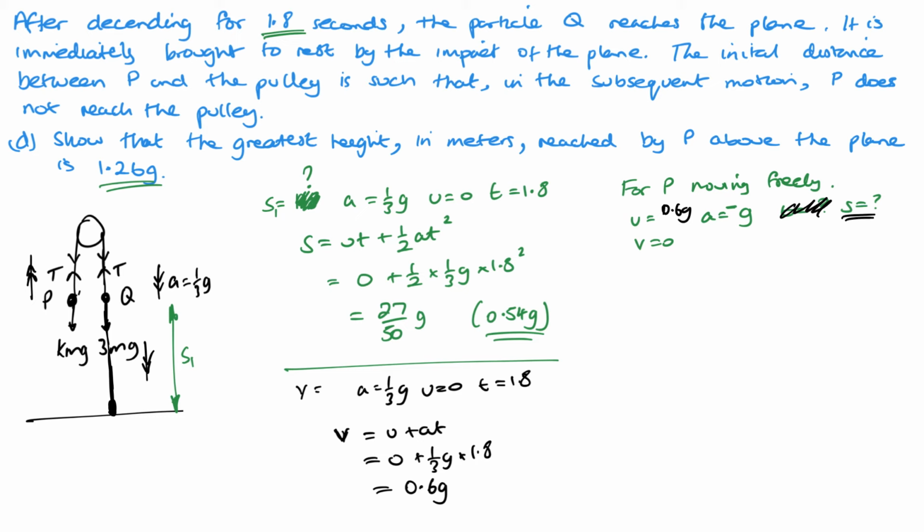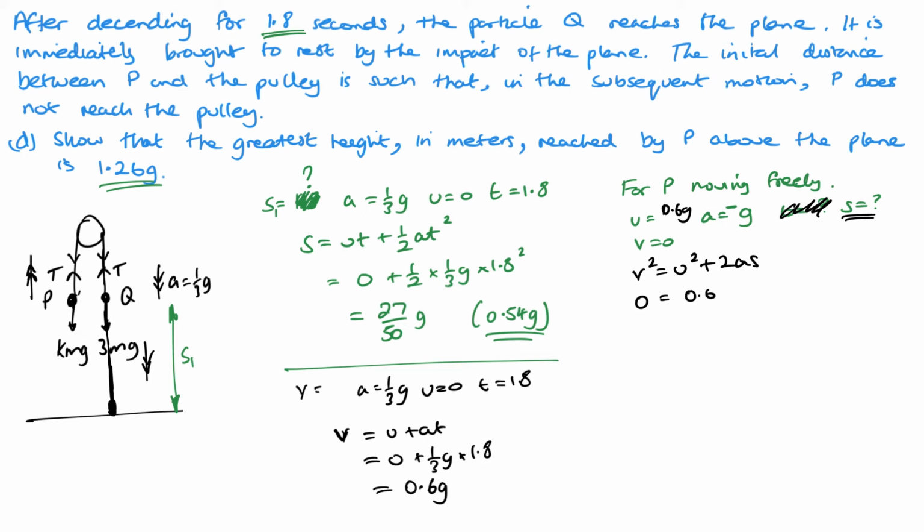Now we don't need t, we want s, don't we? So we've got v, u, a, and s. So v squared equals u squared plus 2as. Oh, sorry, no. V is going to be 0, isn't it?